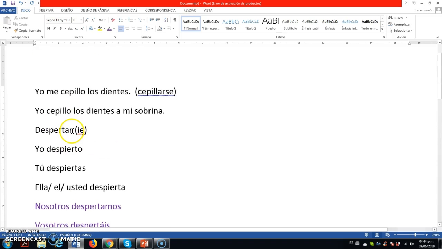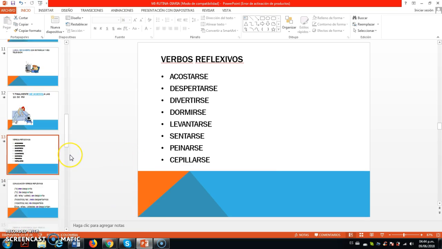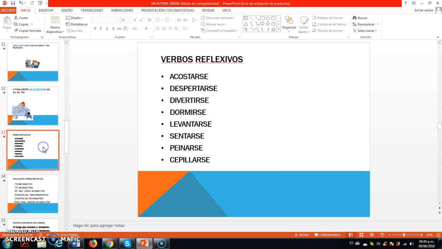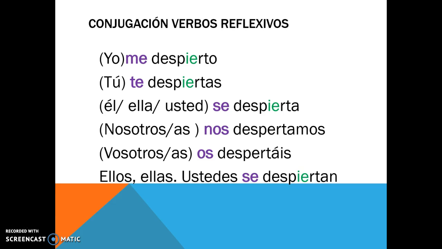Okay? But these verbs are reflexive verbs. It's the common use, but you can use them as non-reflexive verbs, as I showed you before. When you're going to conjugate this verb, you will use reflexive pronouns. Yeah? Me, te, se, nos, os, se.